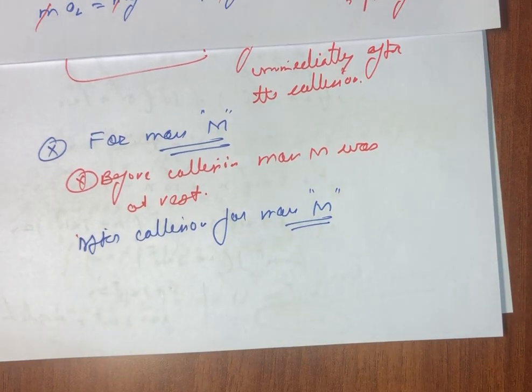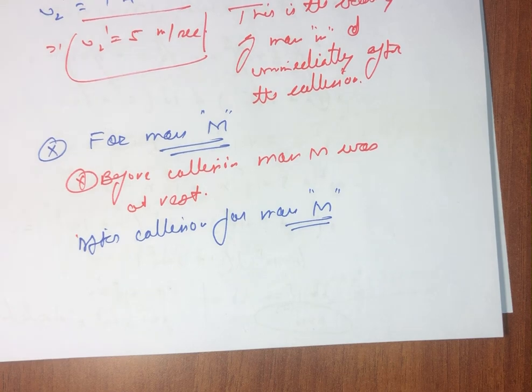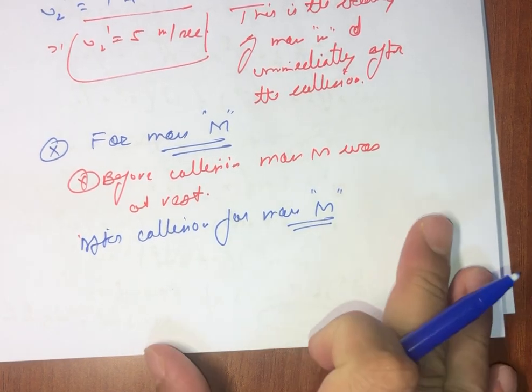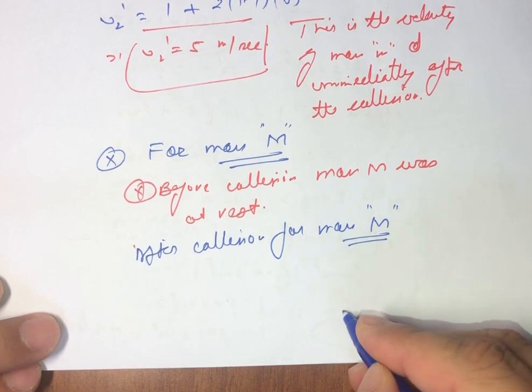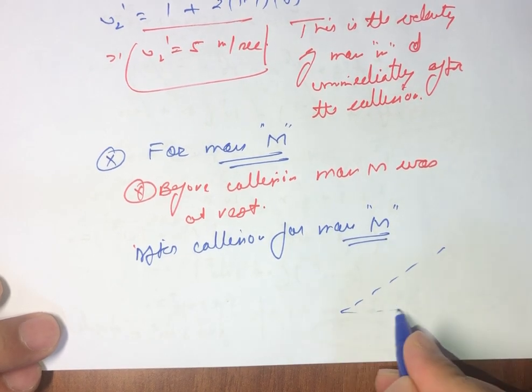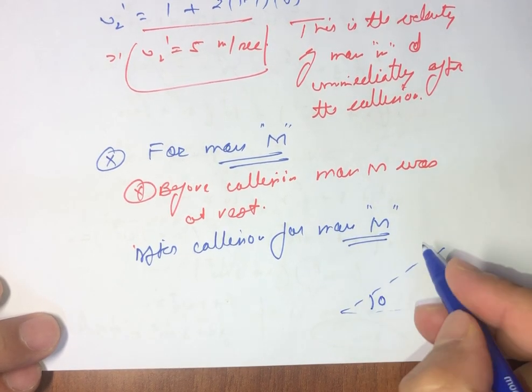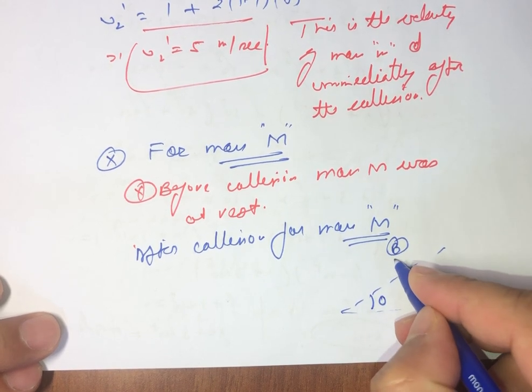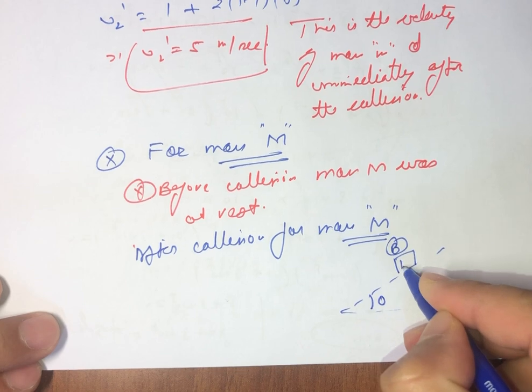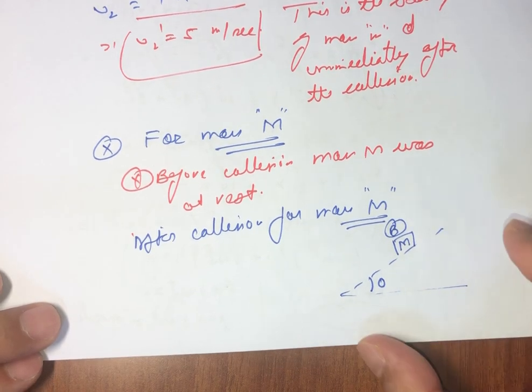Now mass capital M is going to collide with the mass small m at position B. So theta, and this is position B. At this position, small m and capital M are going to collide with each other.